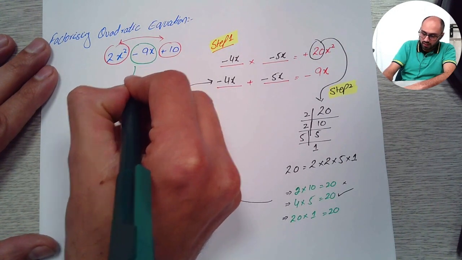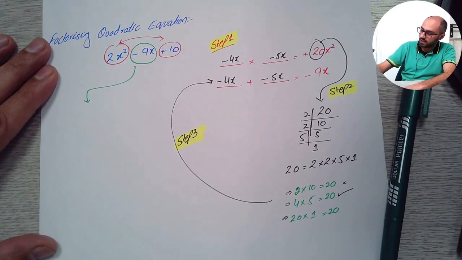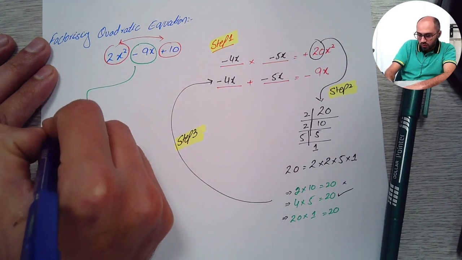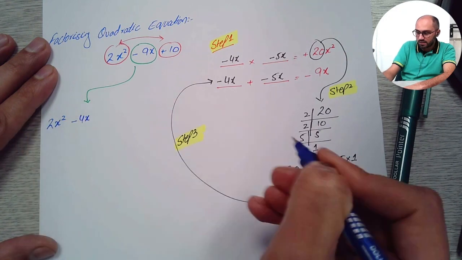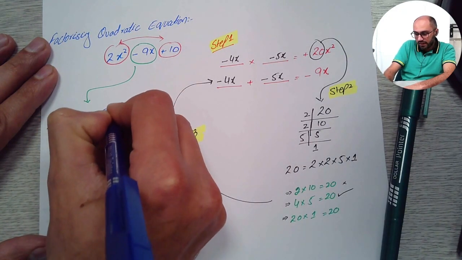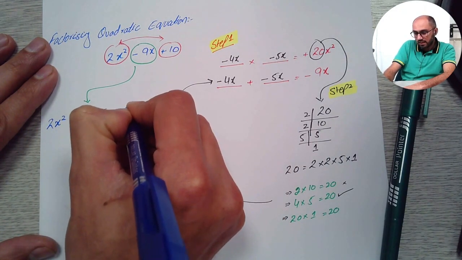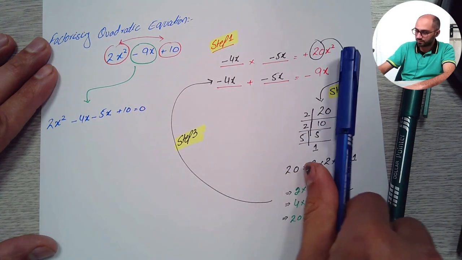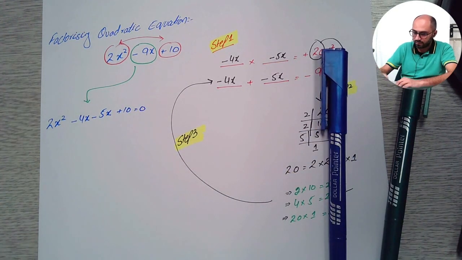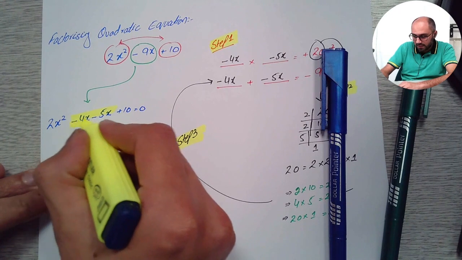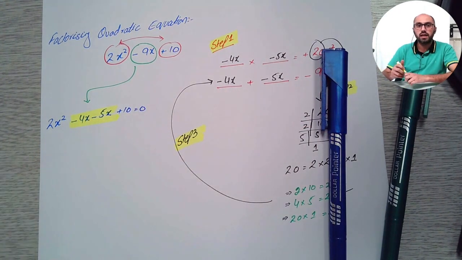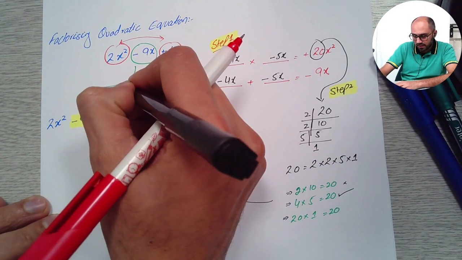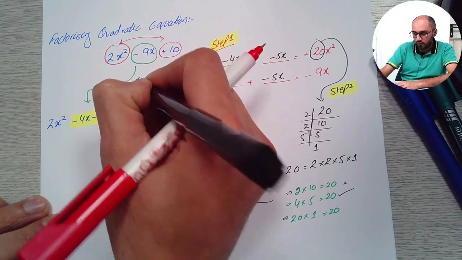So I can rewrite this equation here, and I'm going to say this is now 2x squared minus 4x minus 5x plus 10 equals 0. So if you look at it, I've replaced this minus 9x with minus 4x and minus 5x. This is my step 4.